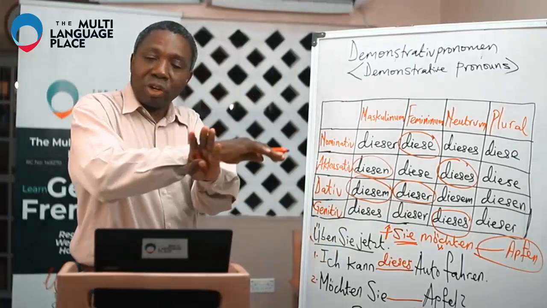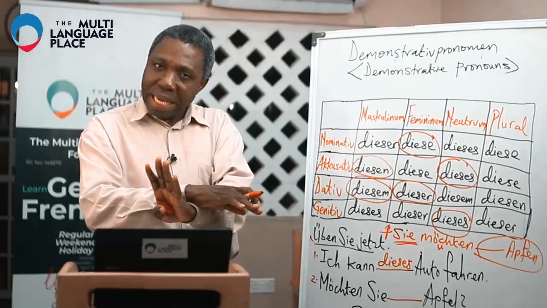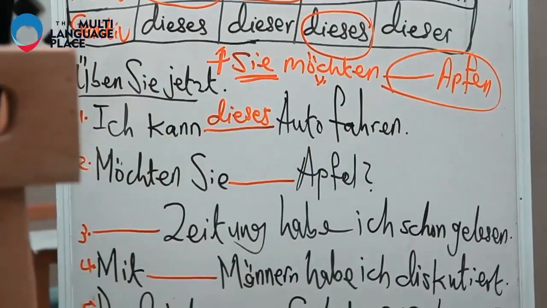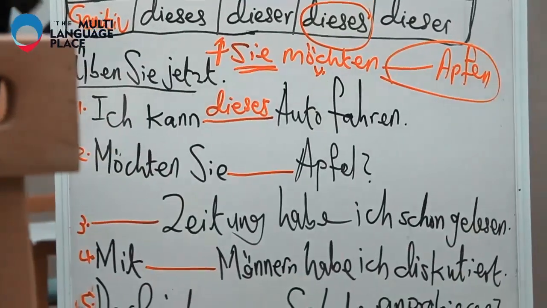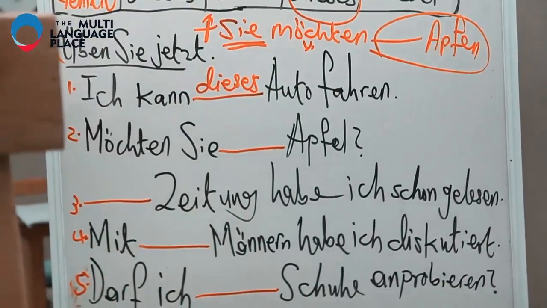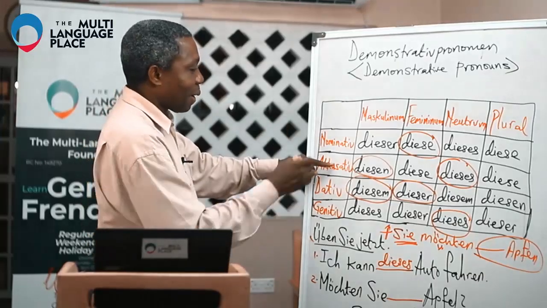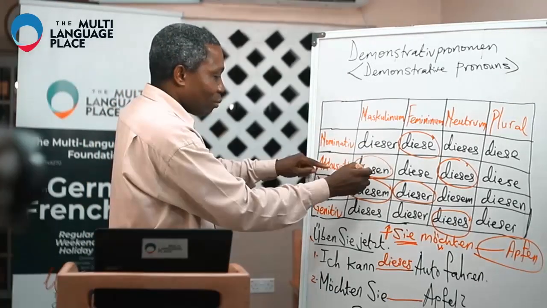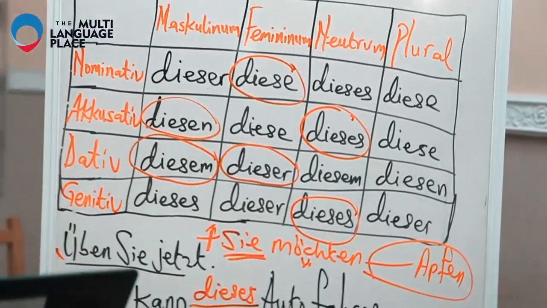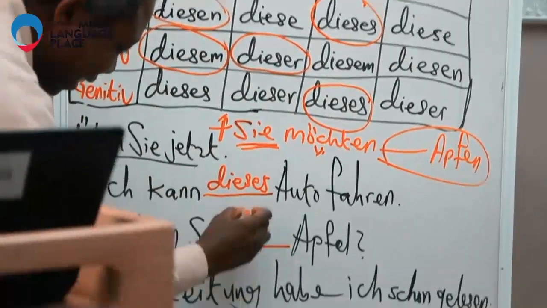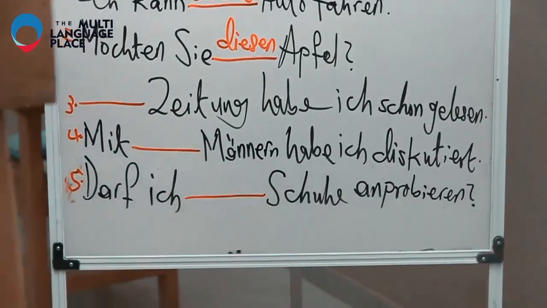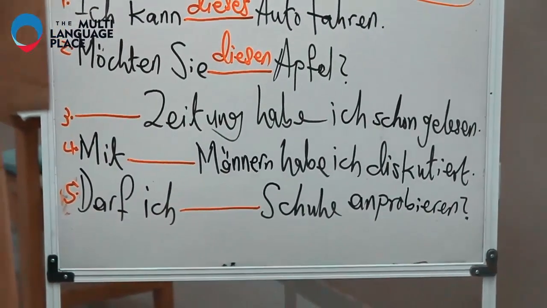So even when you have done the inversion, the case still remains. So you still have this one as accusative case. So we have accusative masculine. So we go to accusative masculine. Boom. We have it here. Diesen. So we have möchten Sie diesen Apfel? Möchten Sie diesen Apfel?